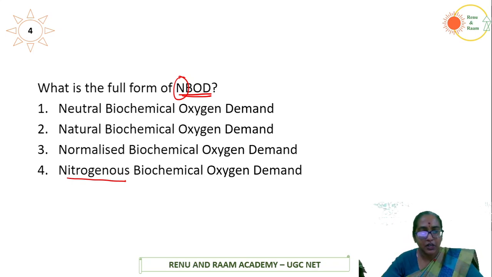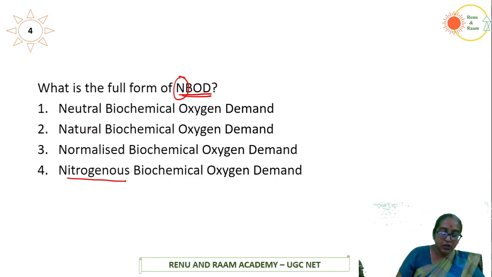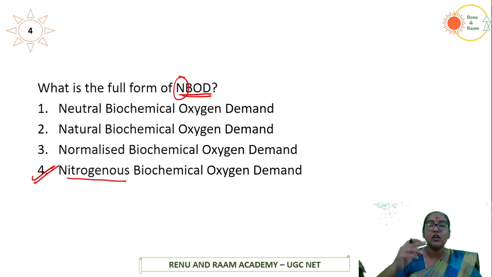Nitrogen is essential for any plant or algae, but only up to a certain limit. If it goes beyond the limit, it is very harmful to the environment as well as to organisms. So NBOD is a measure of the amount of oxygen these nitrogen using microorganisms need.